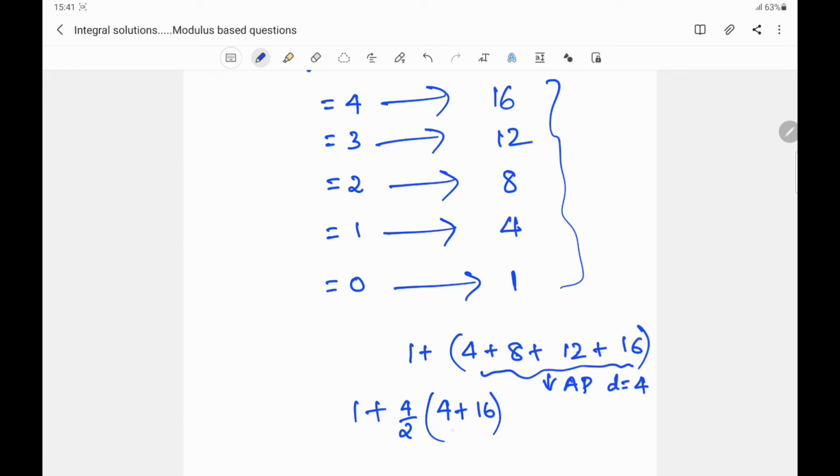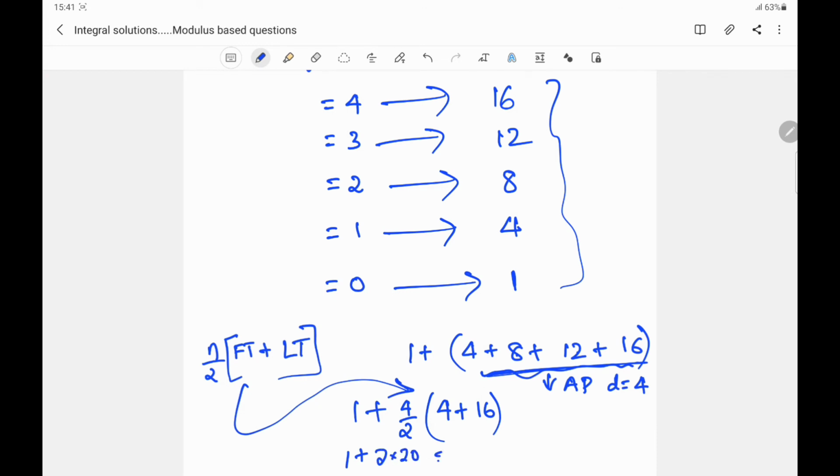The summation of an AP is n by 2 into first term plus last term, and that is the formula applied here. So this is 1 plus 4 by 2 into 4 plus 16, which is 1 plus 2 into 20. So we are going to get 41 as the answer.